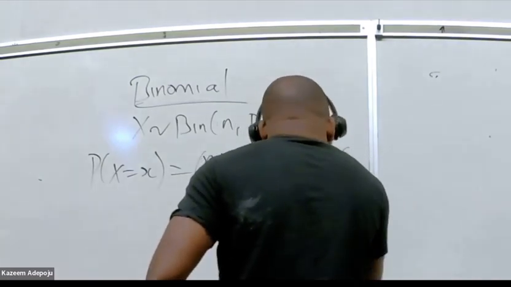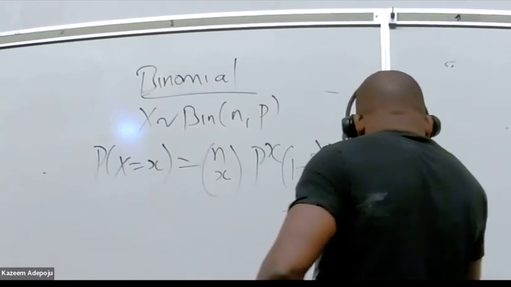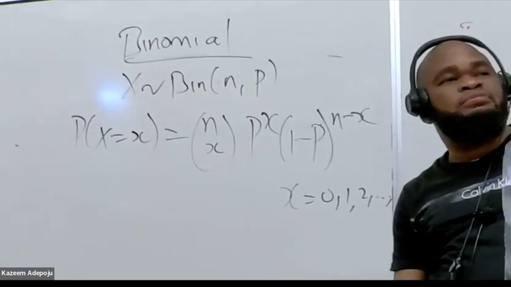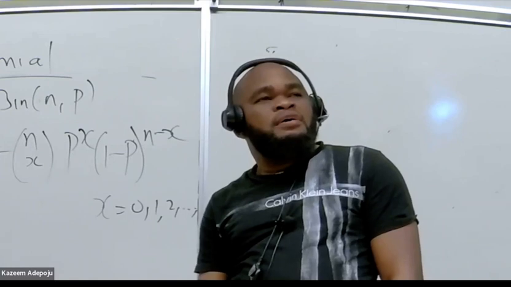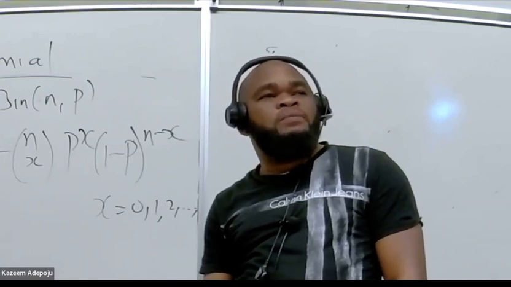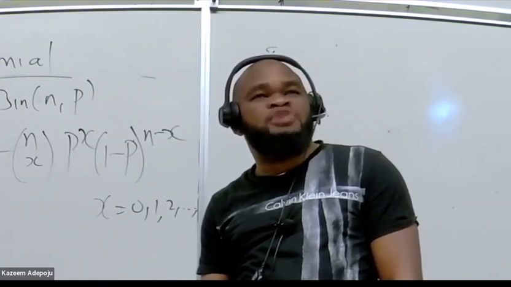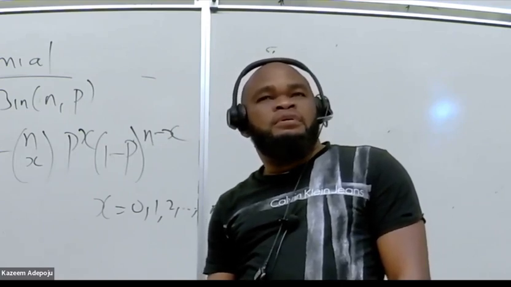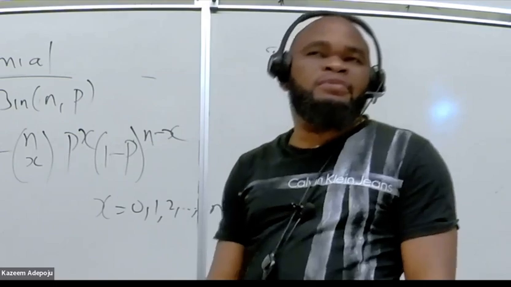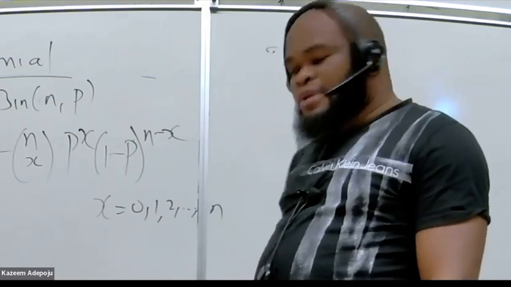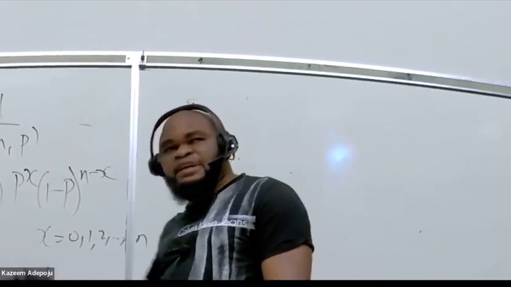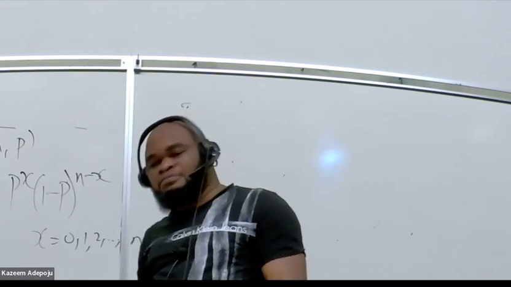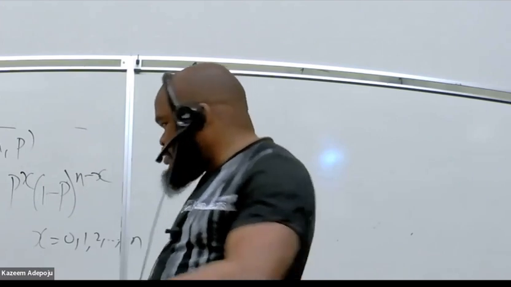Here the state space is going to go to n. This is binomial distribution. Binomial performs the same job as Bernoulli, except that the number of trials in binomial is more than 1. The number of trials in Bernoulli is 1. And of course, the event here is characterized by two possible outcomes.